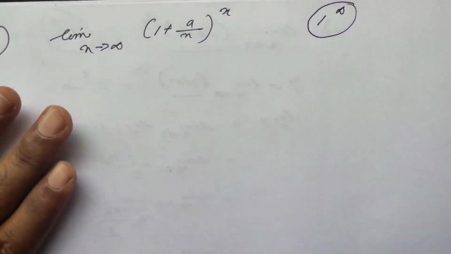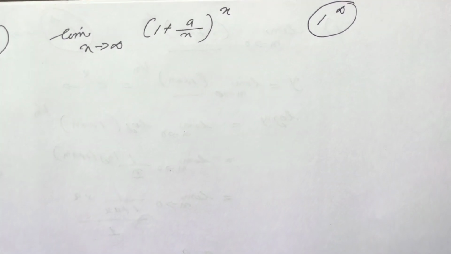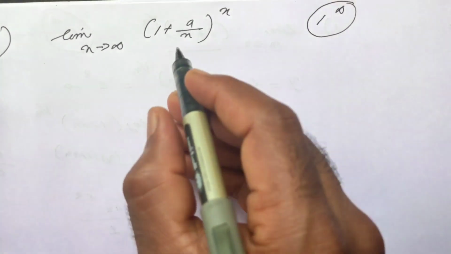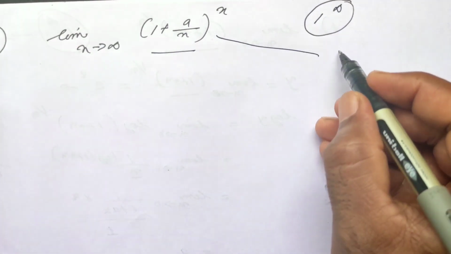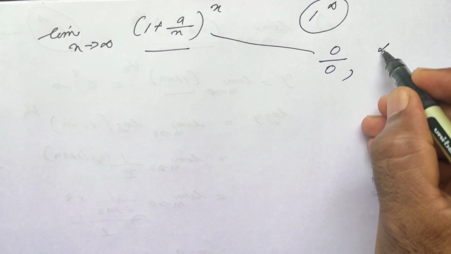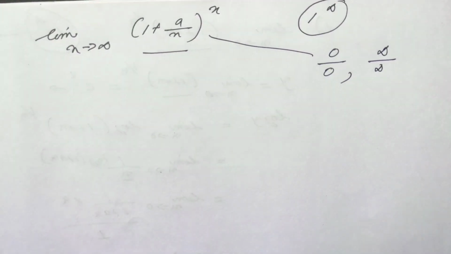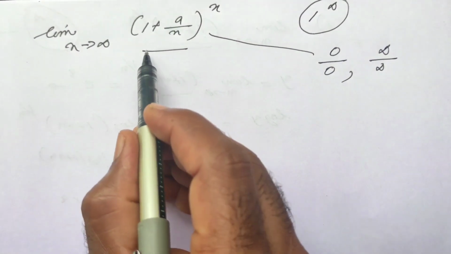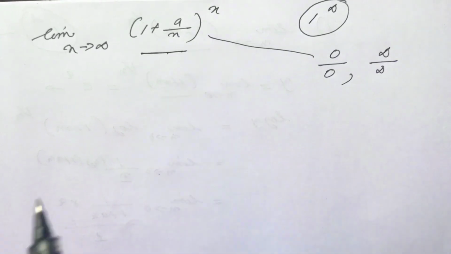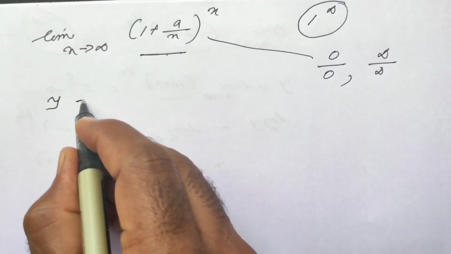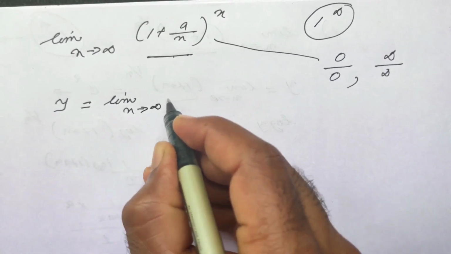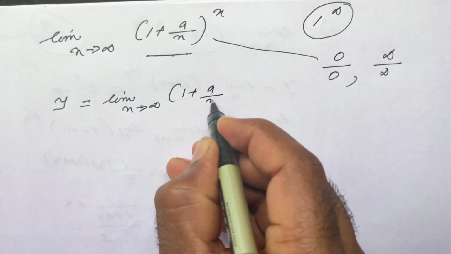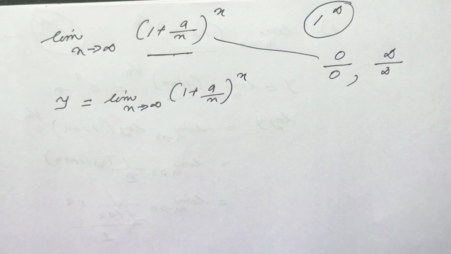It is also an indeterminate form, but we can't apply L'Hospital rule directly to the term, and it should be converted into either 0 by 0 or infinity by infinity form. So it is in the form of a function raised to another function. So let's take the question as y equal to limit x tends to infinity, (1 plus a by x) raised to x.